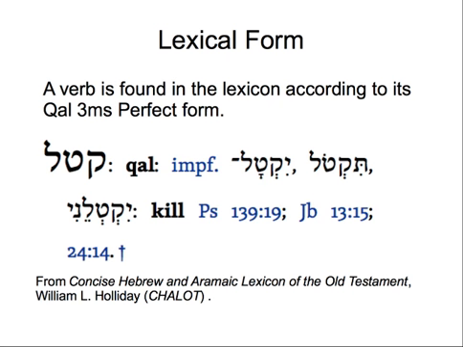It actually gives us a very short entry because despite being the paradigm verb for many, many Hebrew grammars, it only occurs in the Hebrew Bible 3 times. So you can see all three times that it appears: Psalm 139, Job 13, and Job 24. That's what that little dagger means at the end of a lexicon entry, that all known, undisputed instances of this word have been listed.